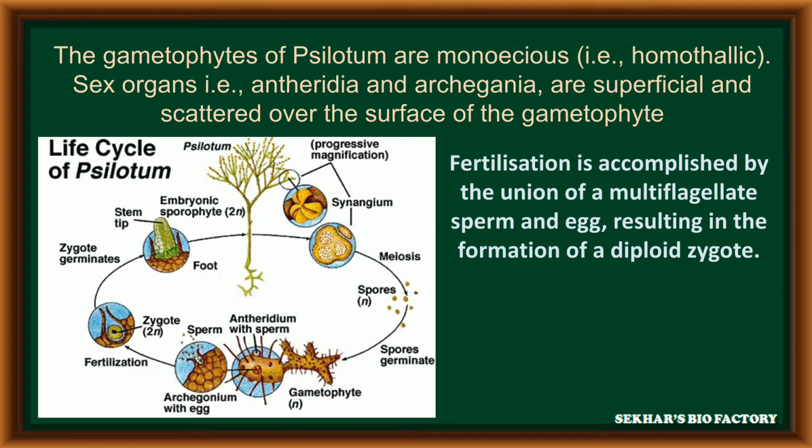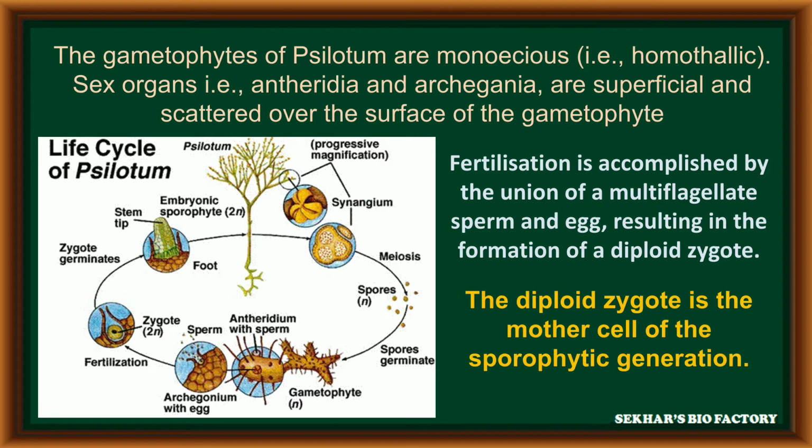Fertilization is accomplished by the union of a multiflagellated sperm and an egg cell. This fusion results in the formation of a diploid zygote. This diploid zygote further becomes the mother cell of the sporophytic plant body and completes its life cycle.